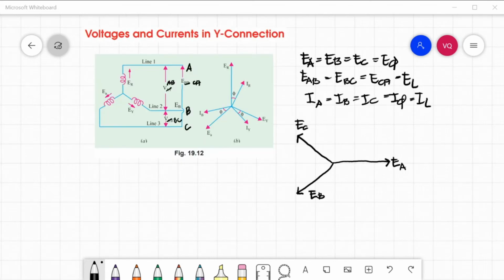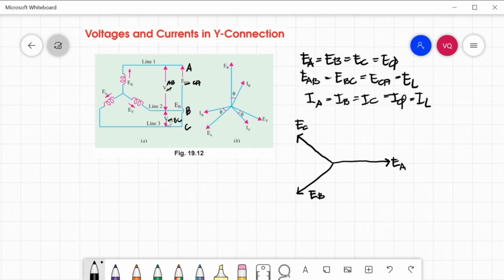So we have here our lines. Line 1 is line A, line 2 is line B, and line 3 is line C. These are our phase voltages, line A, line B, and line C. Your line-to-line voltage will be from line 1 to line 2, that is VAB.